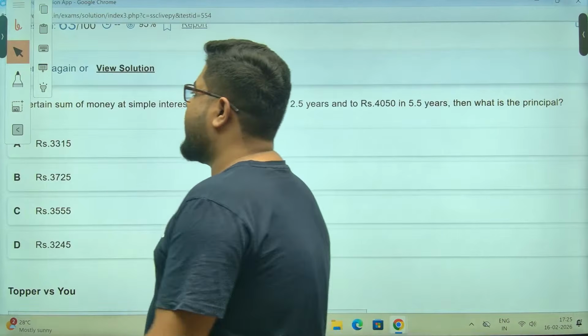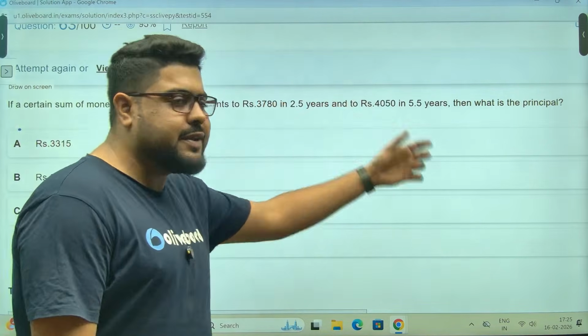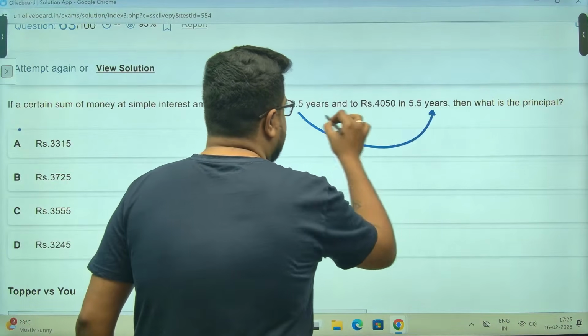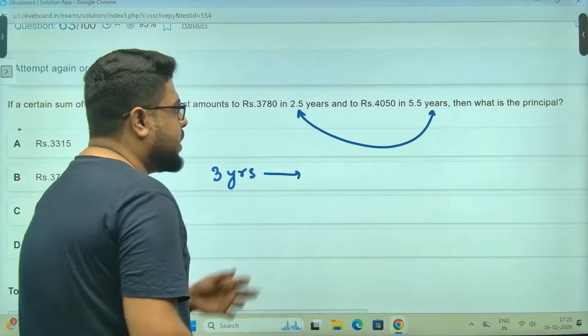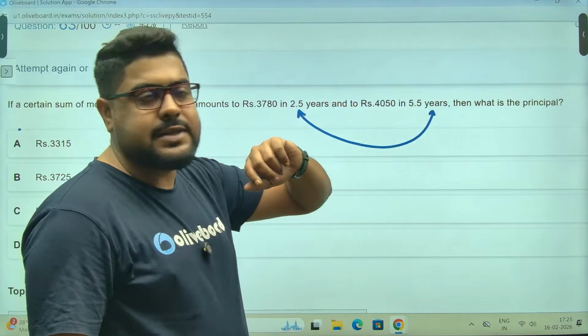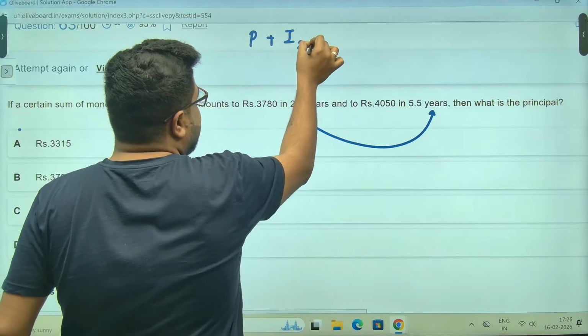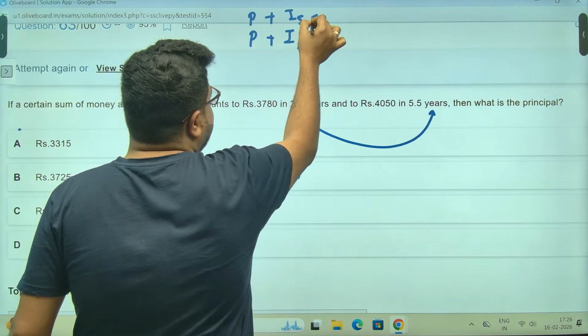So two amounts are given. Whenever in simple interest or in compound interest, two amounts are given, use the method of difference. So 2.5 years, 5.5 years. Difference is 3 years. So if you subtract two amounts, principal cancels, because you see P plus interest for 2.5 years over here, P plus interest for 5.5 years.